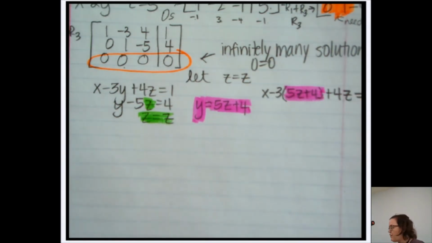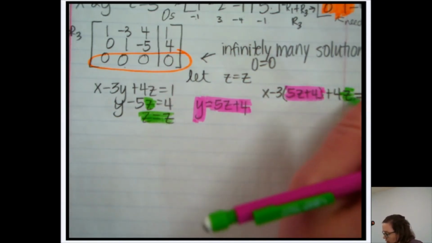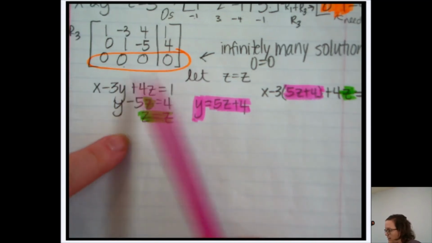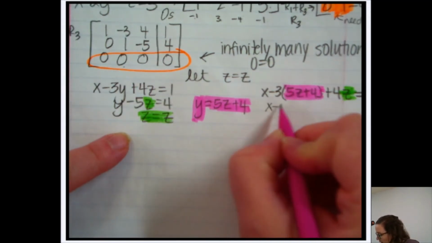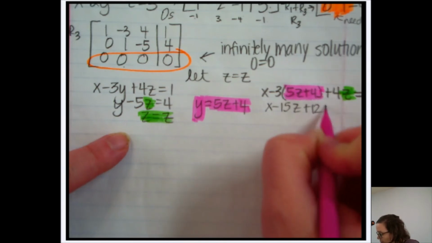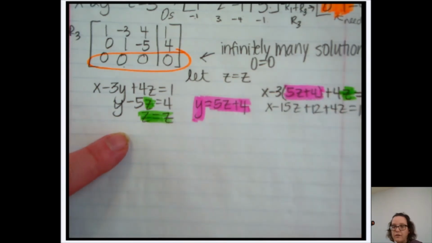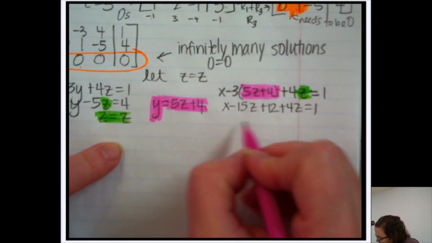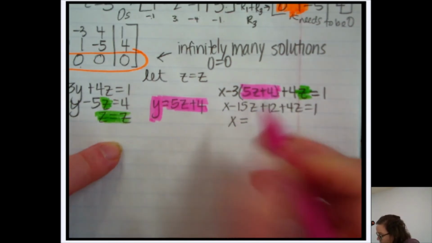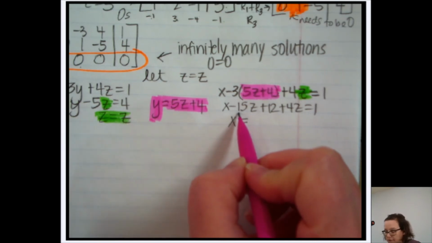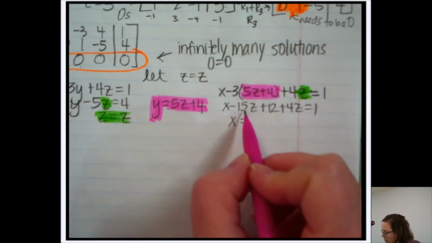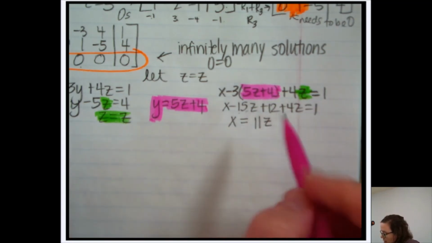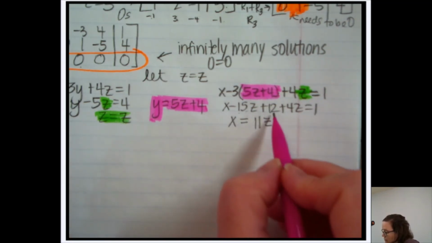Okay, so we're getting these all in terms of z. And it's just easier to do z instead of x or y since you already had a blank for z. So we get x minus 15z plus 12 plus 4z equals 1. Okay. And so here we get x by itself. And so if I move, this is negative 11z, so if I move it to the other side, I get 11z. And then here, move the 12 over.